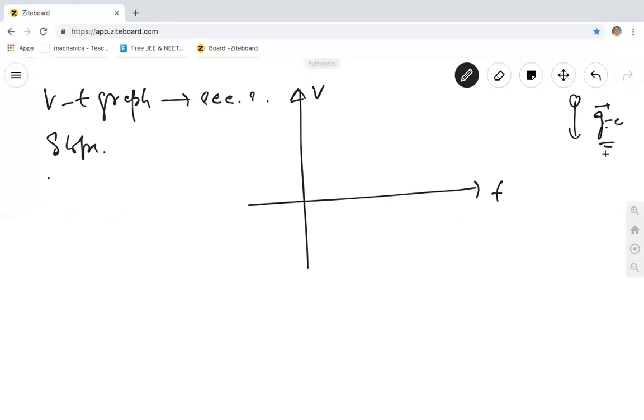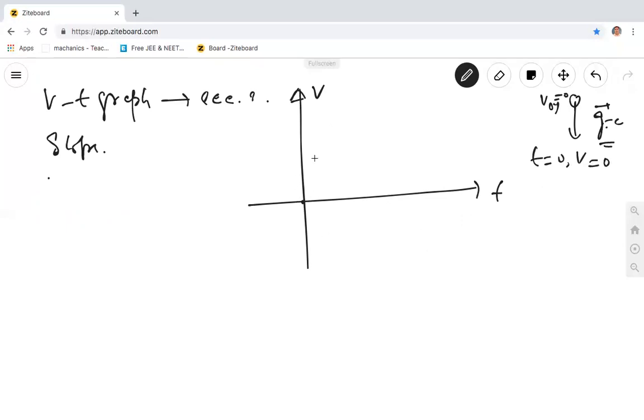When the slope is constant, what is the shape of the slope? That means it must be a straight line to have a constant slope. So what was the initial velocity when it was being dropped? 0. So why the graph should start from the origin? Because at time t is equal to 0, velocity is equal to 0. So graph should start here.